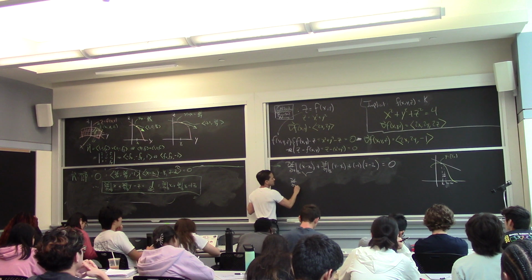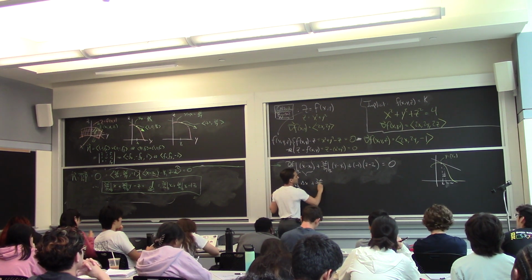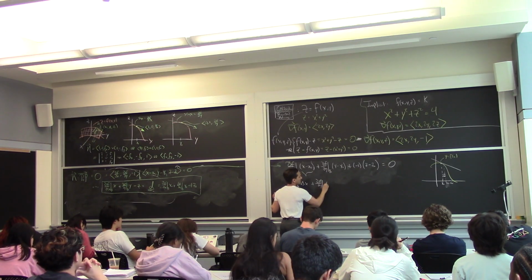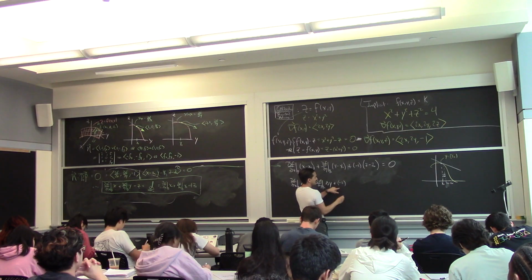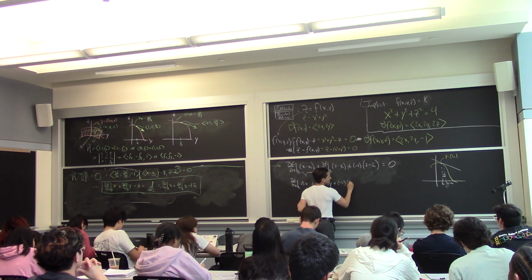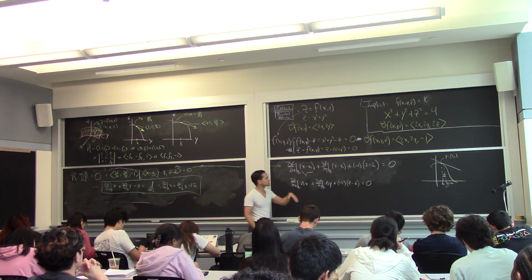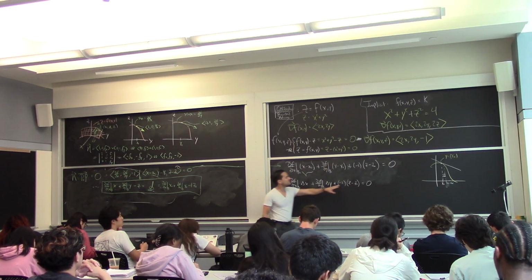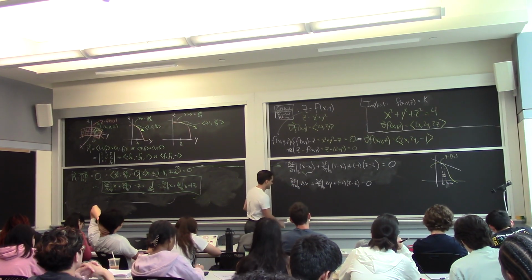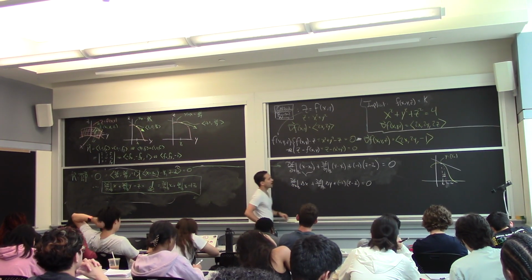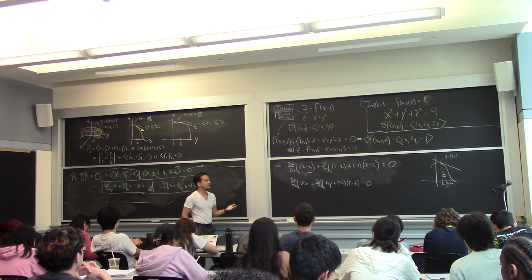So partial with respect to x at p naught, delta x, plus partial with respect to y at p naught, delta y, plus z minus z naught, which we're going to spend some time unpacking in a moment, equals 0. You can use this to solve for z when you're starting at a particular point and changing by an amount delta x, delta y. You're trying to figure out how much your z changes. Okay, does that make sense?